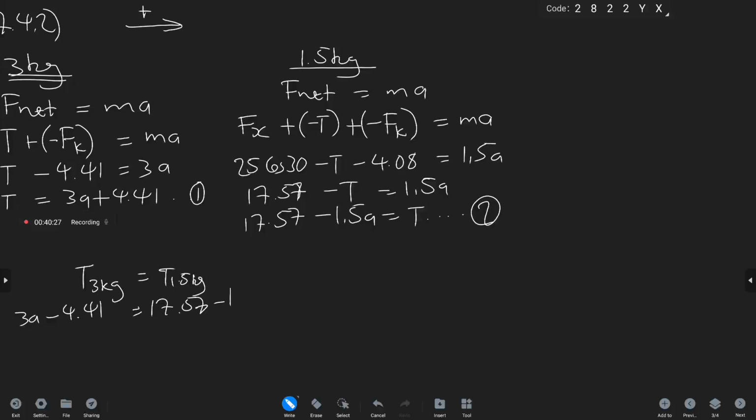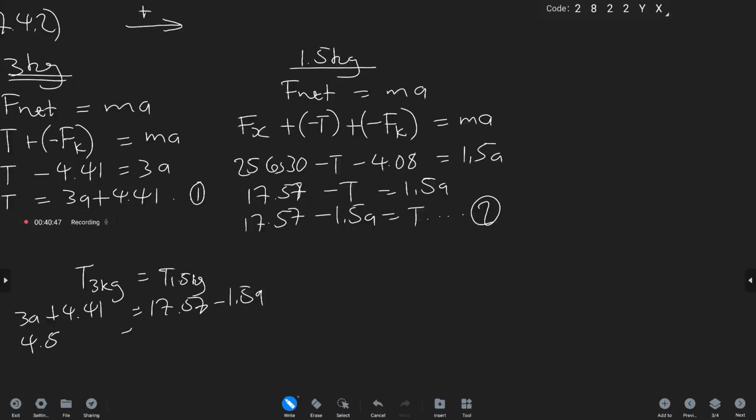So I have to simply calculate or solve for the acceleration first before I solve for the tension. So it's 3a plus 4.41, which is equal to 17.57 minus 1.5a.